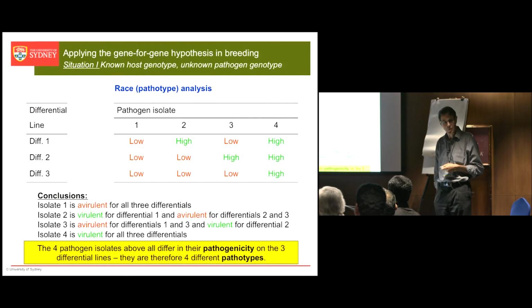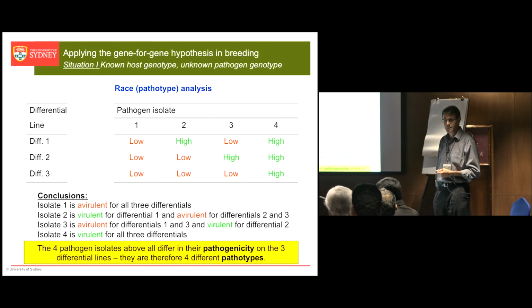They are therefore 4 different pathotypes. Very simple, I know, but this is the essence of what we do in pathotype analysis. It's based on using the gene-for-gene hypothesis to deduce a pathogen genotype from a known host genotype. So that's the first application of the gene-for-gene hypothesis.